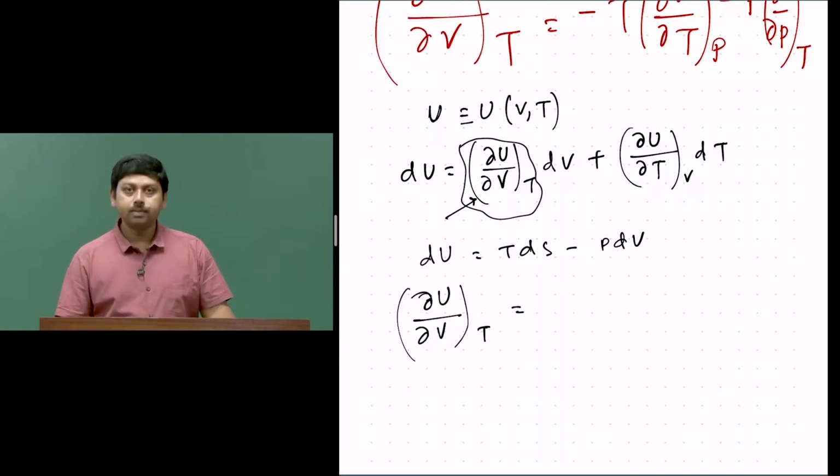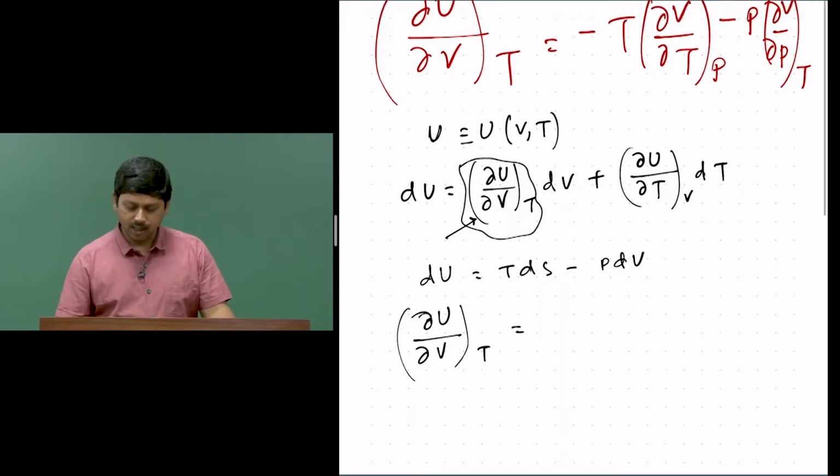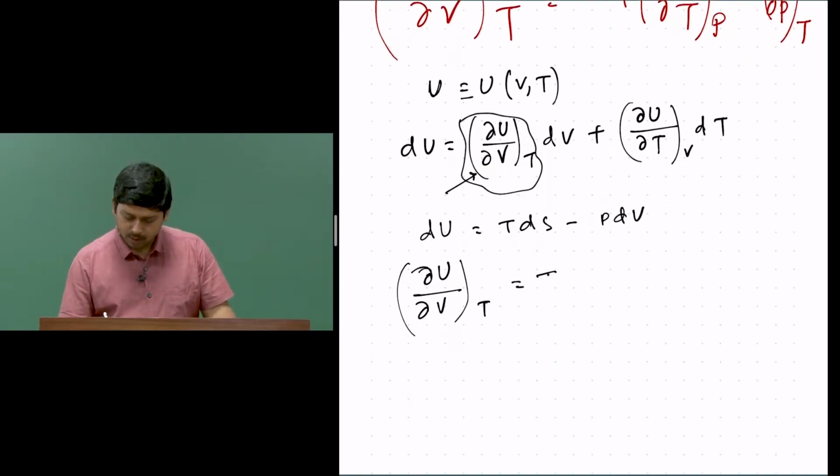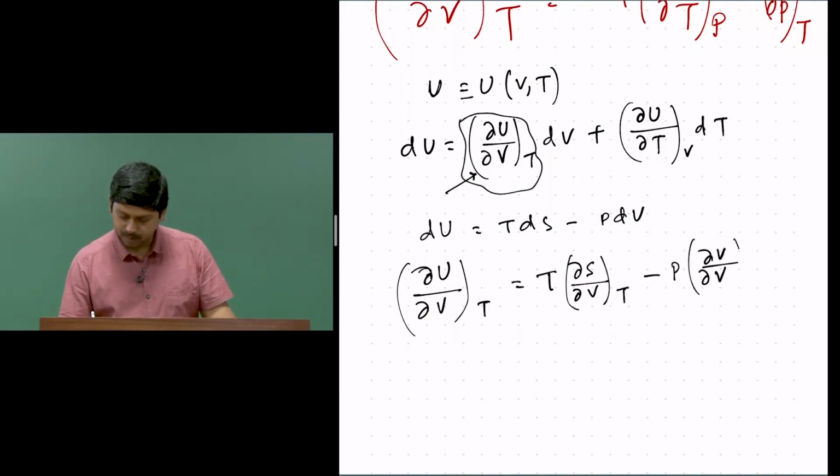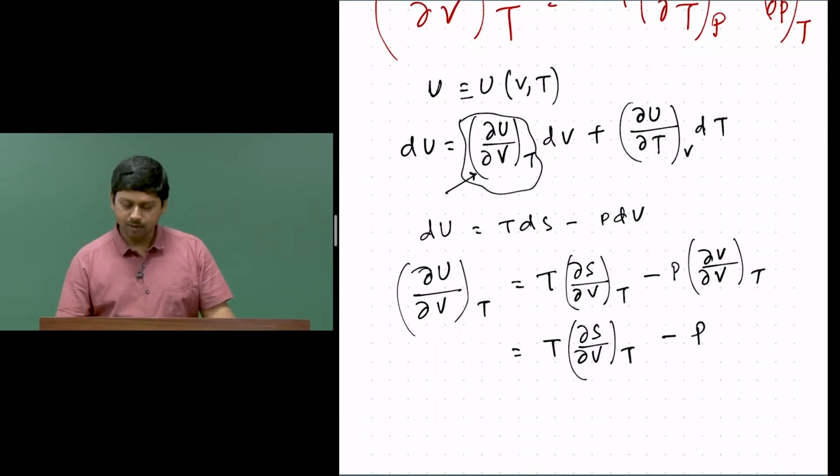So, what we did is we took the differentiation with respect to V at a constant T, whatever is asked for. As I told you, on the right hand side T will not be differentiated, because only the differentials will be affected. So, we get T del S by del V at constant T minus P del V by del V at constant T, which means T del S by del V at constant T minus P, because del V by del V is 1.